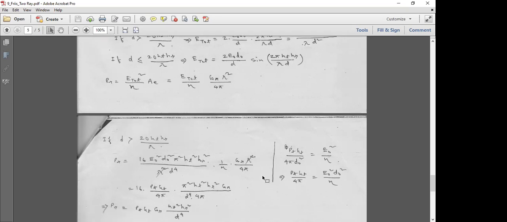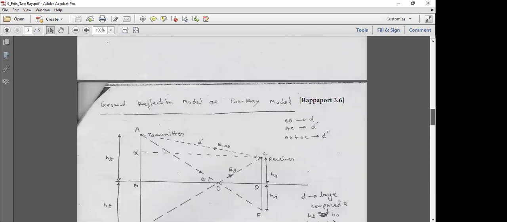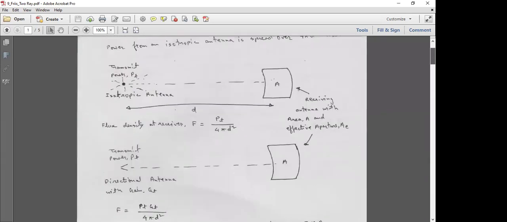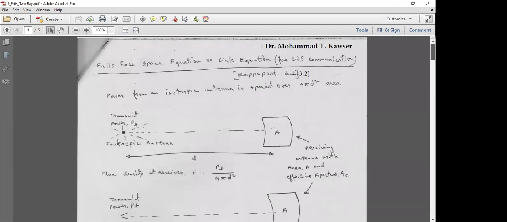Now there is another way we can simplify, although it is sort of an approximation. You know that if it was the free space case, then we get Pt Gt by 4 pi d square. Just go back to our early discussion of the free space equation.